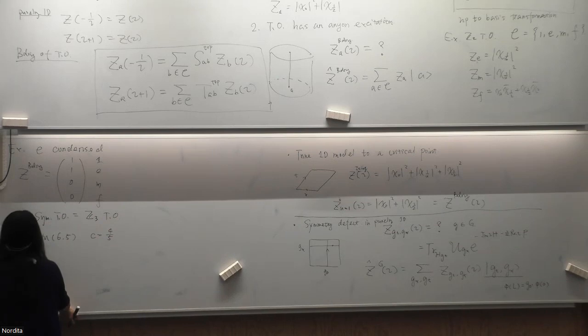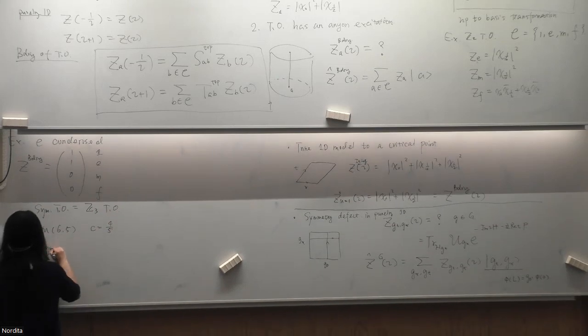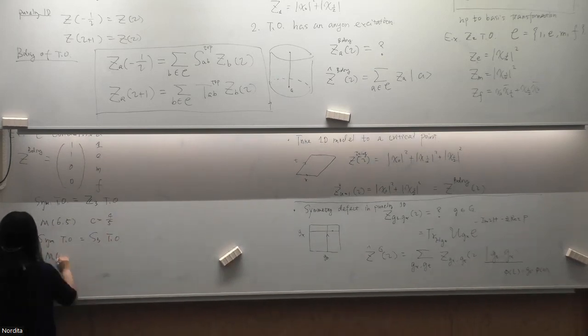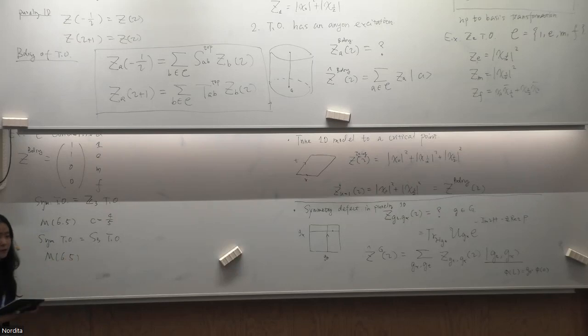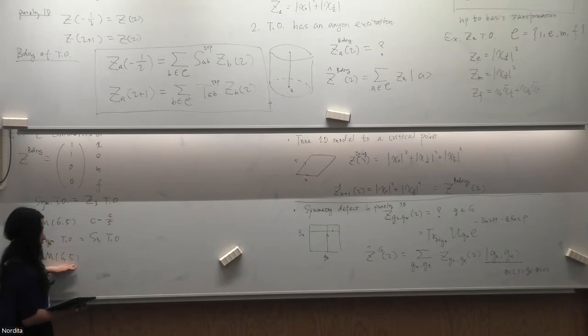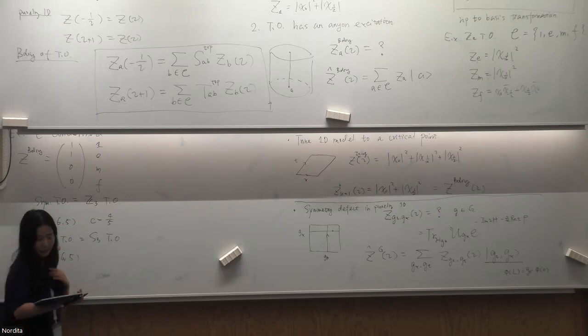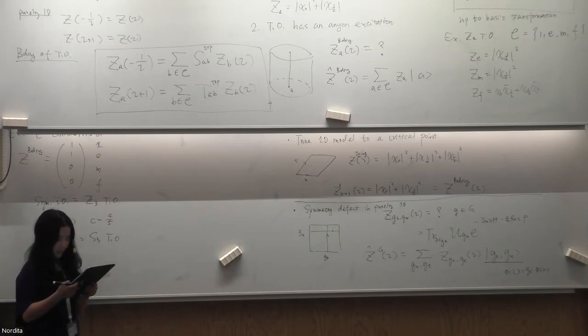But if your input is the S3 topological order, you'll find that the solution is still 6.5. It means that depending on what symmetry you care about, this CFT can have either the Z3 symmetry topological order or the S3 topological order. And we will see how they are related later if I have time.